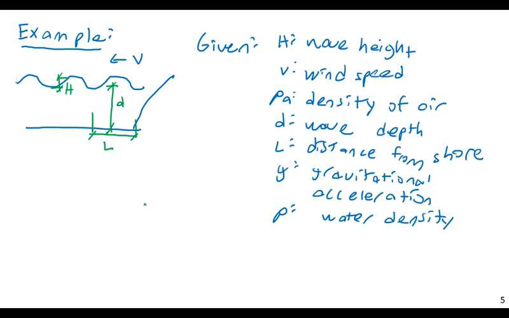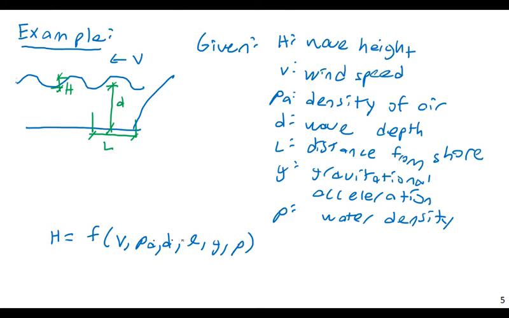And we're going to make this a little bit easier by outright stating what the repeating variables are that we'll be using. Everything on this slide is going to be given. So I want to say that h, the variable I'm investigating, equals some function of v, rho a, depth d, L, G, and rho.